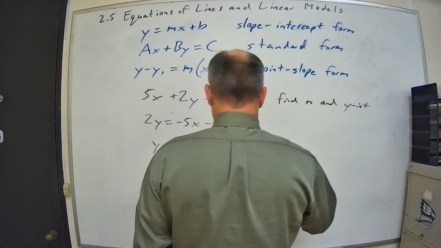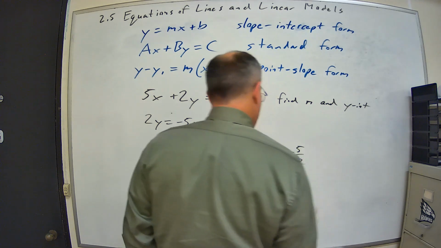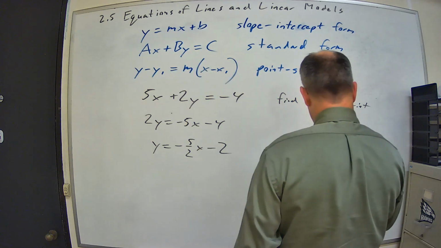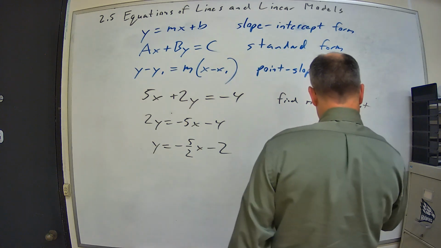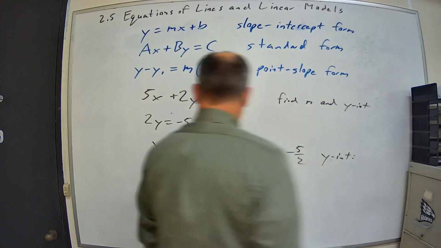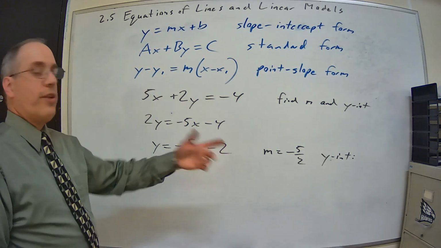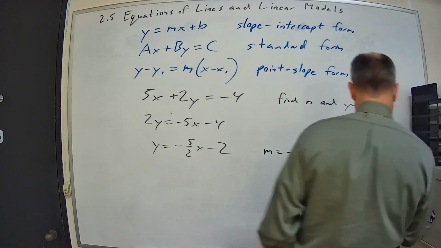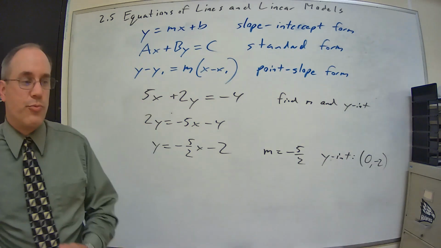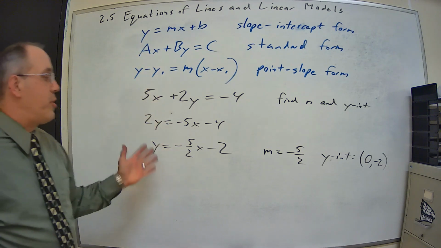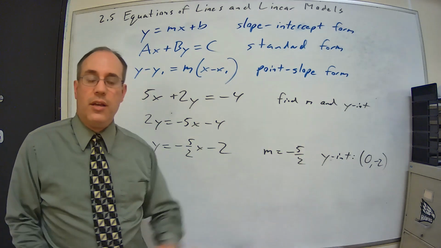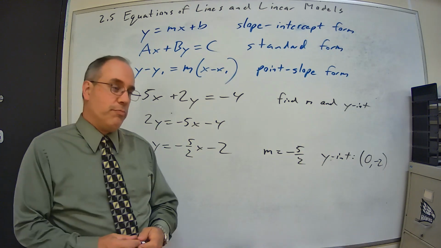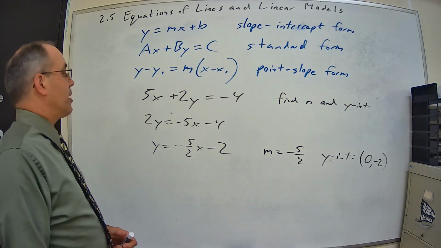So m is equal to negative 5 halves. And the y-intercept is going to be (0, negative 2). So as we can see, that's really handy, just a little bit of manipulation, all of a sudden we found out this information. So, nice trick there we can do with that.